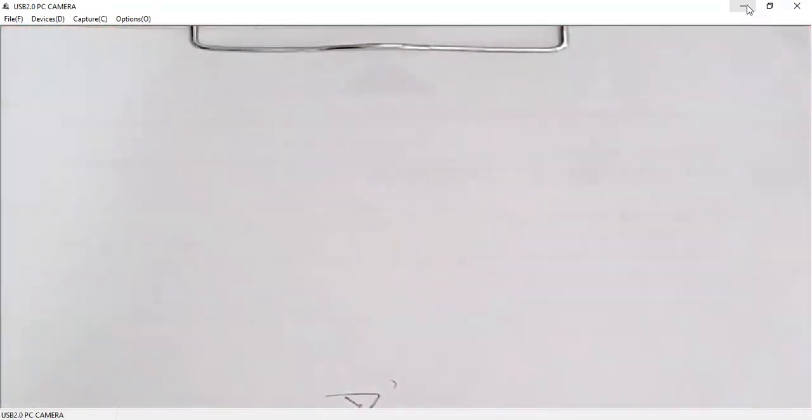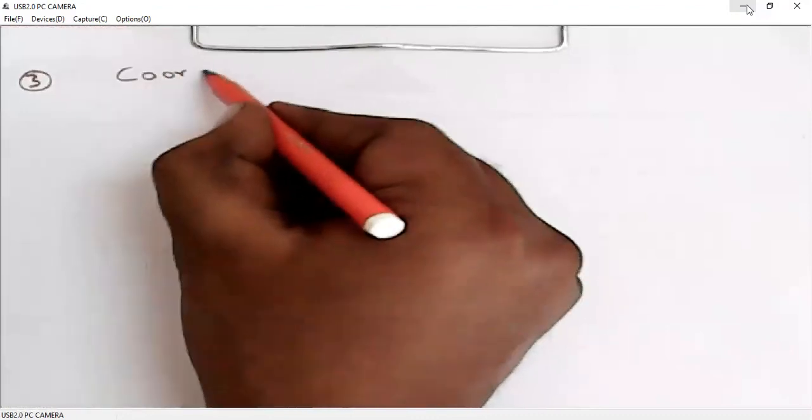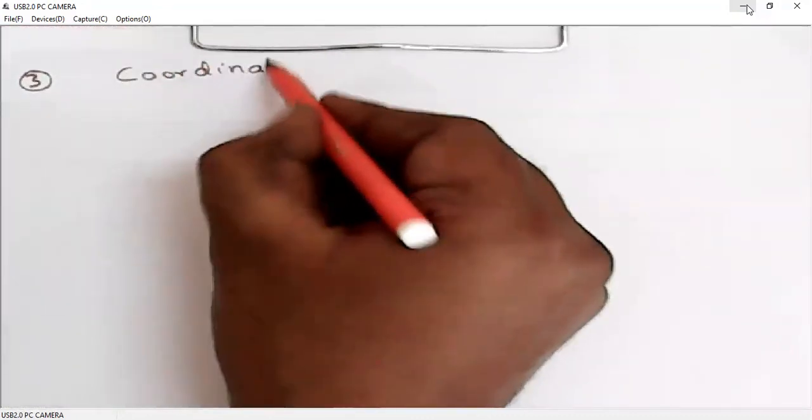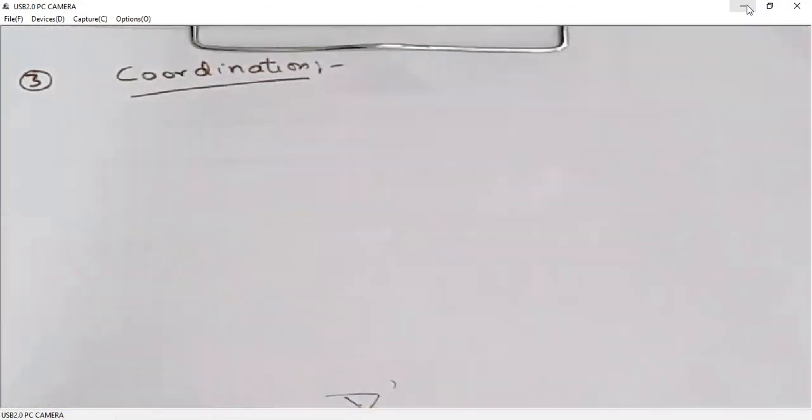The next variation in the Felkin-Anh model, the third variation, is coordination. Coordination with the metal. So we will have a more electronegative element. At the same time, we will use a coordinating metal ion so that it will change the stereochemistry around this carbonyl.